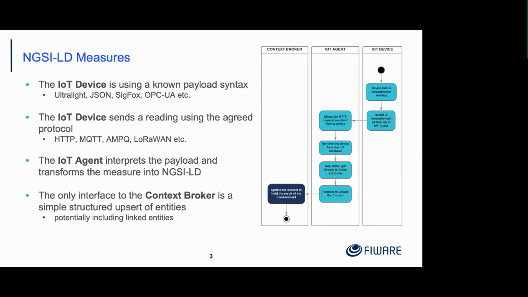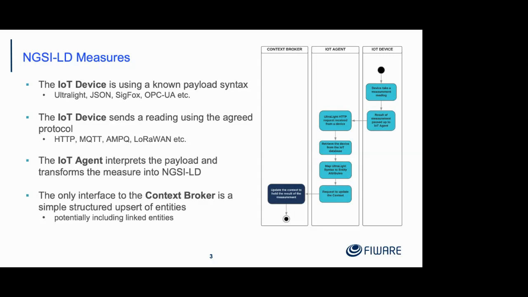You say, okay, what is the format coming into my system? How is it arriving? So we could have Ultralight, JSON, Sigfox, what have you, but we could be receiving, say, an Ultralight message over MQTT, and your IoT agent needs to be able to listen on the appropriate topic to get hold of the information and read it in.